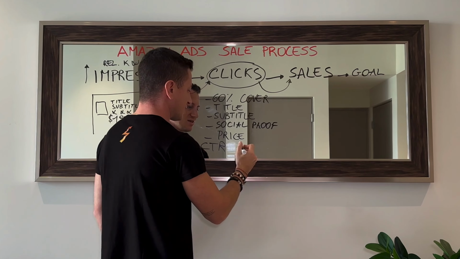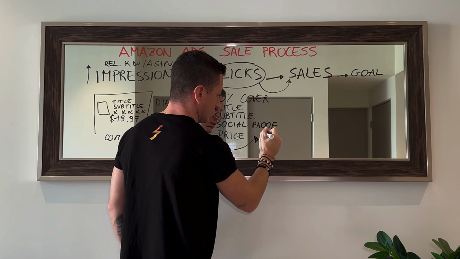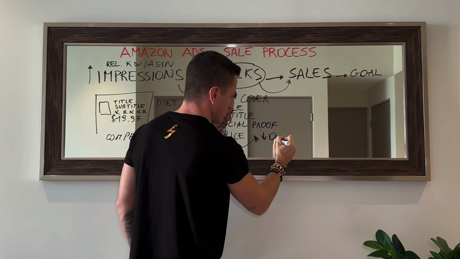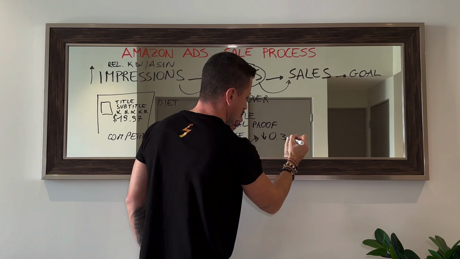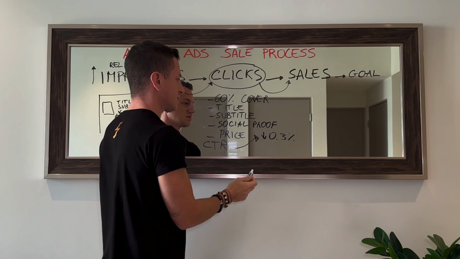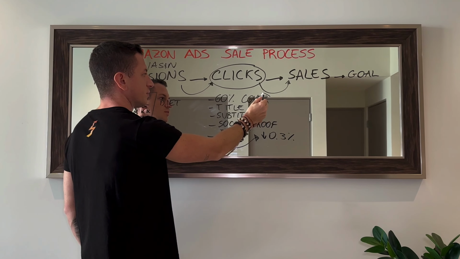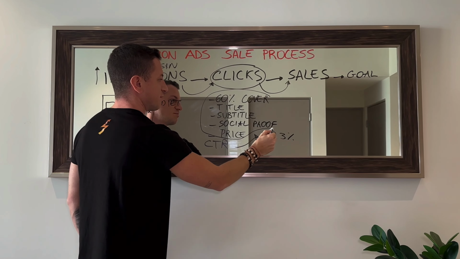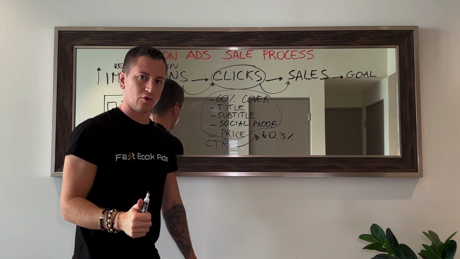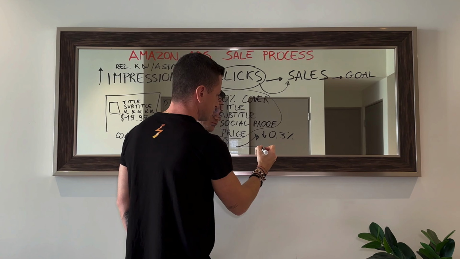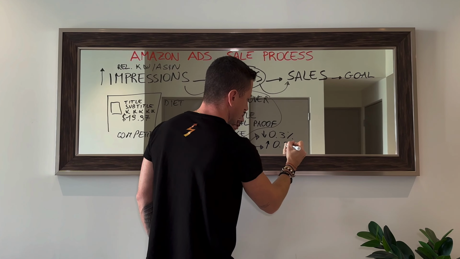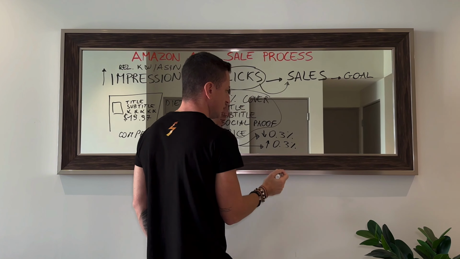If you have a CTR of less than 0.30%, it means that there is something wrong, especially with your cover. Instead, if you have more than 0.3%, this is good.